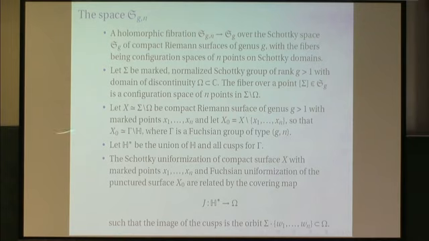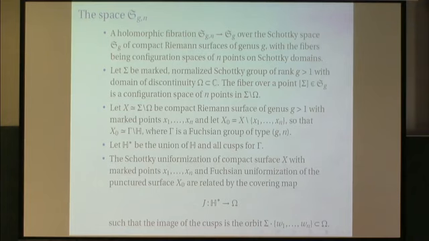Now let's compare the two. The comparison is that you can recover the underlying Riemann surface X from the Fuchsian group by adding the boundary to the hyperbolic plane.